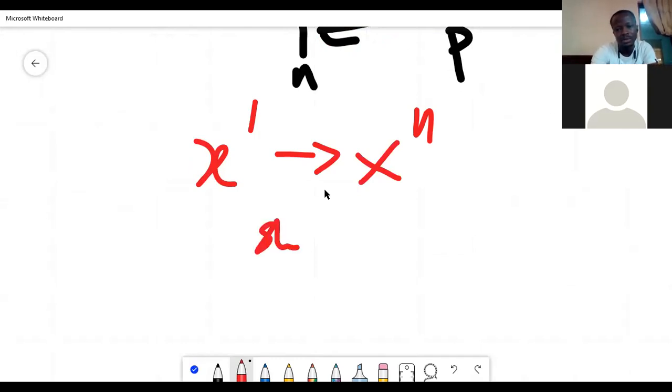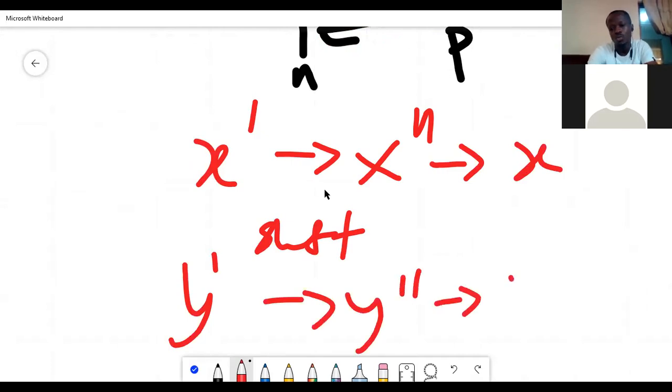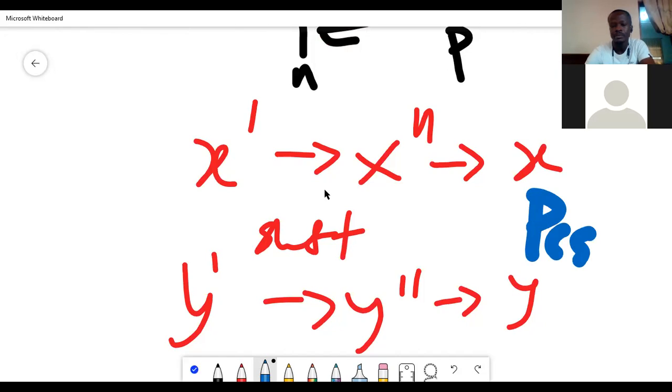Are you okay? Then to x. So it is more or less y prime to y prime prime to y. This here is a photo coordinate system.